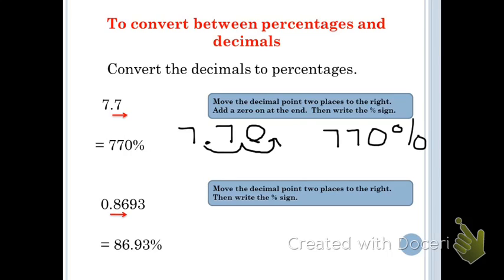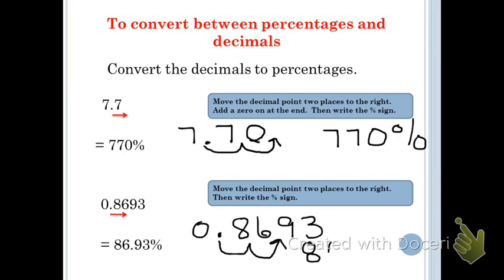In the next example, 0.8693. We're going to move the decimal 2 to the right. That places the decimal between the 6 and the 9. So we have 86.93, and we add our percent sign.